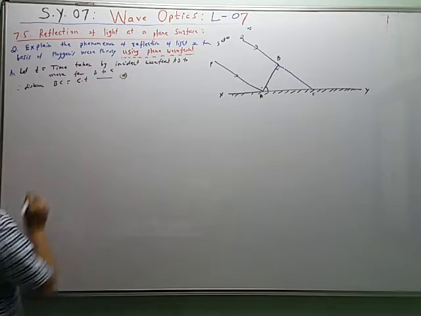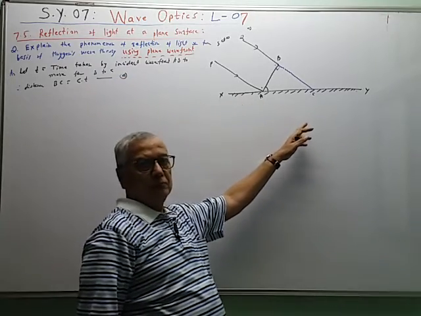So this is equation 1: the distance BC is equal to ct.